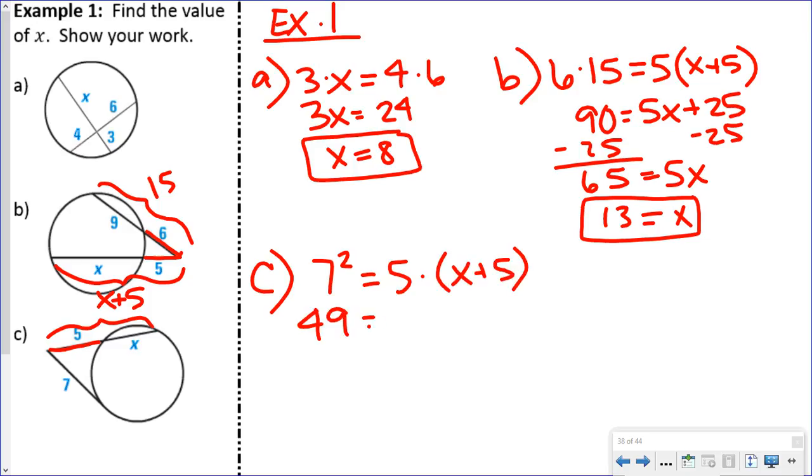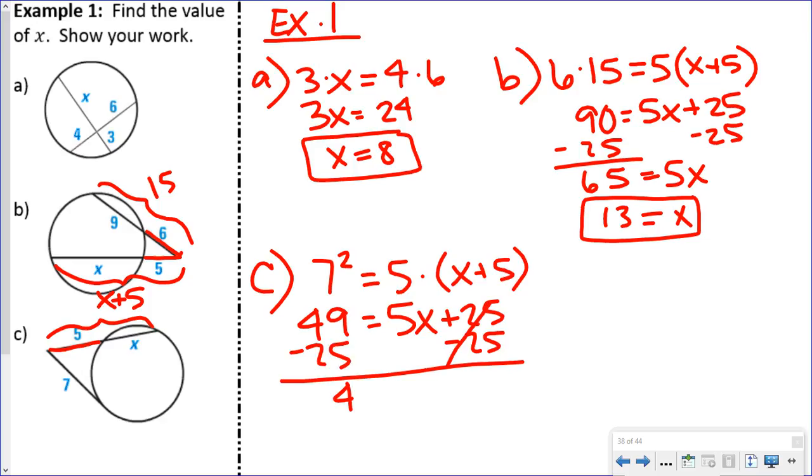So what do we get? 49 equals 5x plus 25. So we distribute again. Minus 25. So we get 24 equals 5x. So when we divide, it goes in there 4 times, so it would be 4.8.